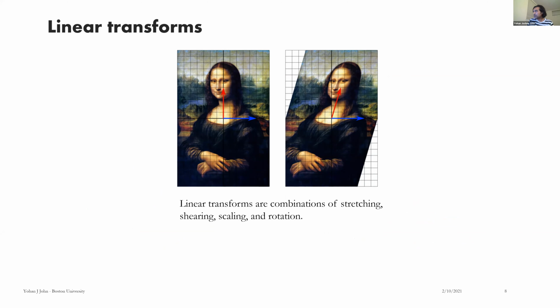Linear transformations are combinations of stretching, shearing, scaling, and rotation. So no weird spirally, twisty kind of processes are possible. They're basically, in a sense, uniform with respect to the entire thing that you're transforming, and that's what makes linear systems well behaved intuitively. There aren't really any surprises when you apply a linear transform.